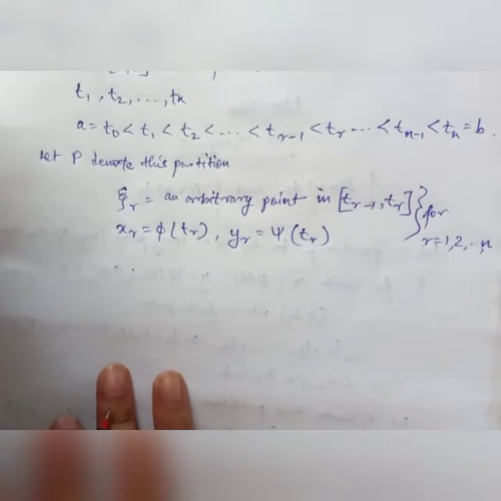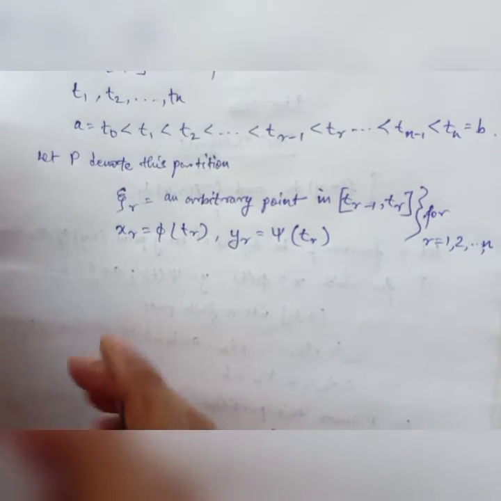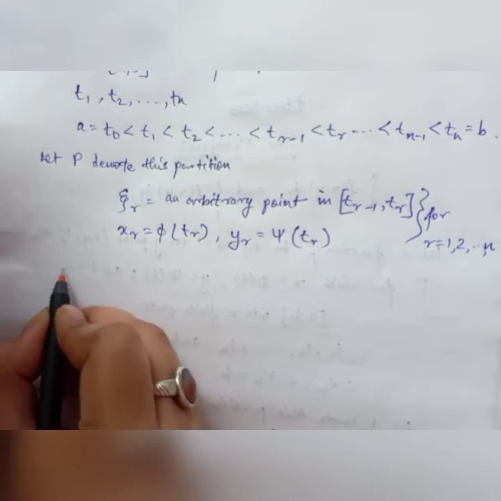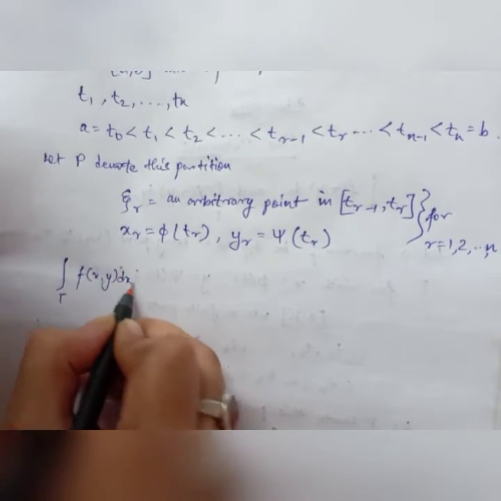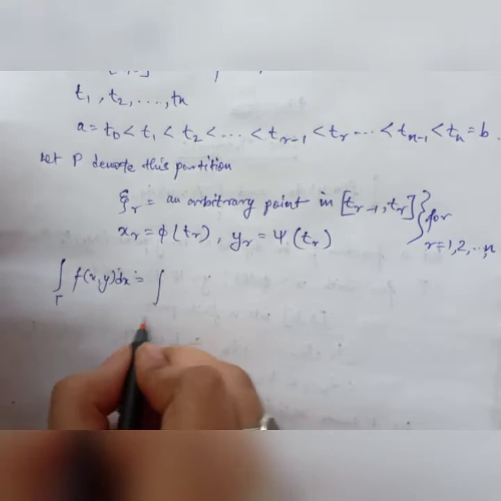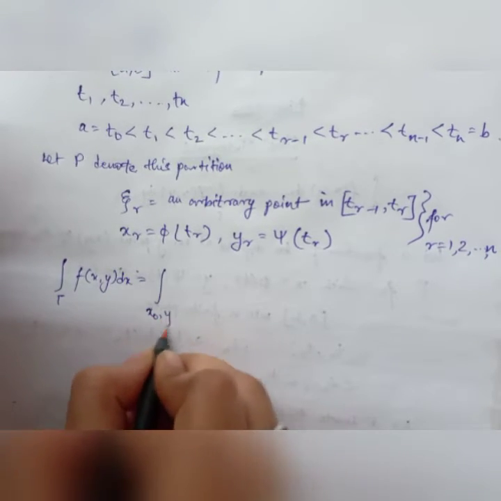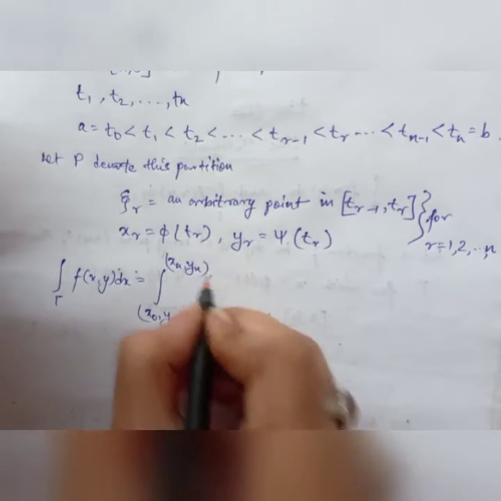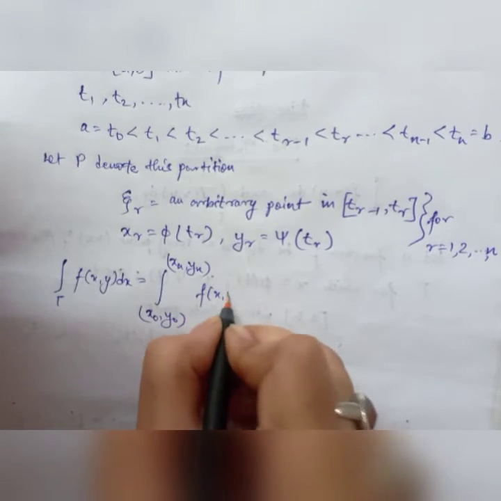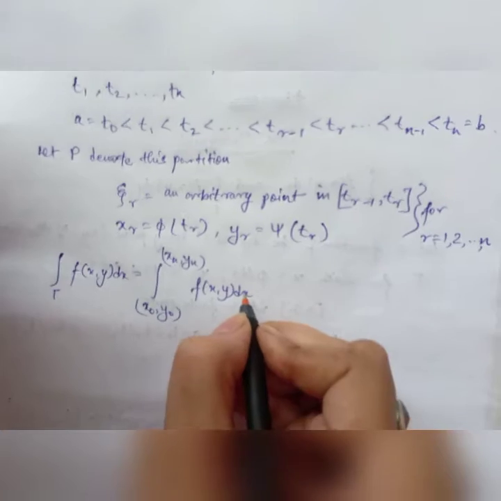So we define two types of line integrals as follows. The first one is integration f of xy dx, which equals integration from x0 y0 to xn yn f of xy dx.